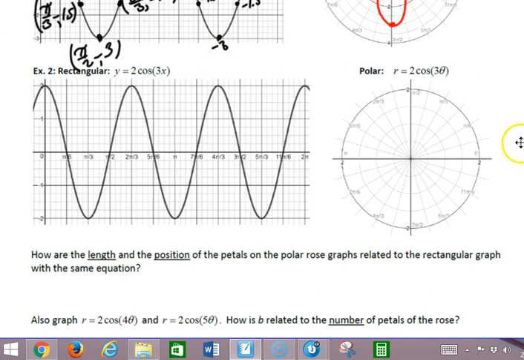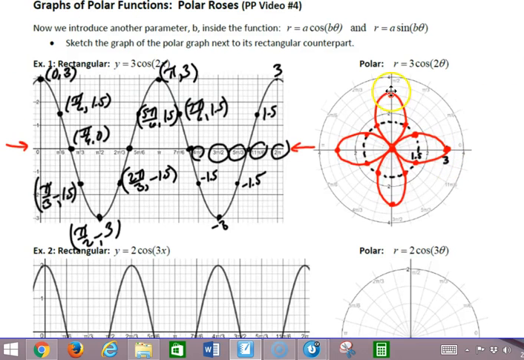We notice that all of the tips of the petal are at these high points and low points. So here's the point 3, 0. Here's the point -3, pi over 2. Here's the point 3, pi. Here's the point -3, 3 pi over 2.